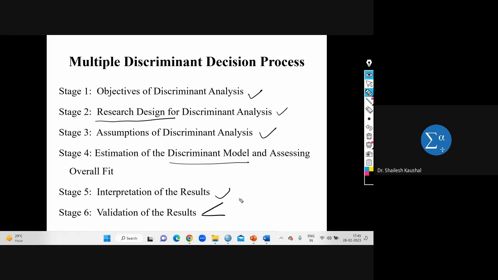We can divide our sample into two parts, and then we can check the cross validity of the coefficients or the results. Okay.